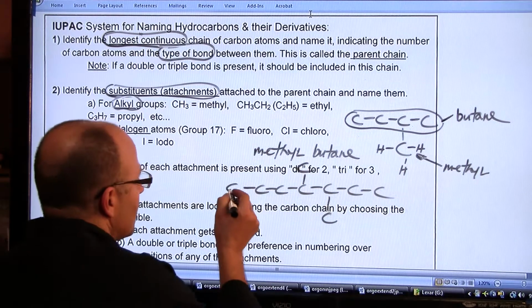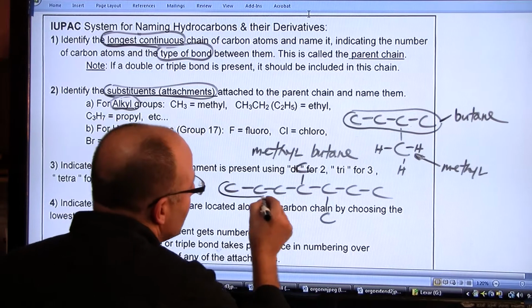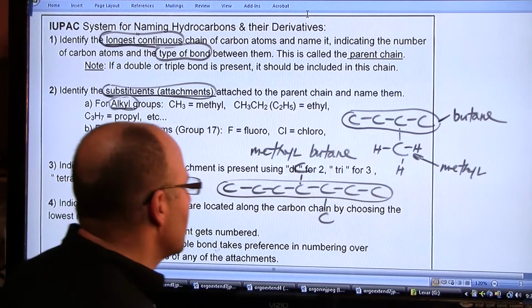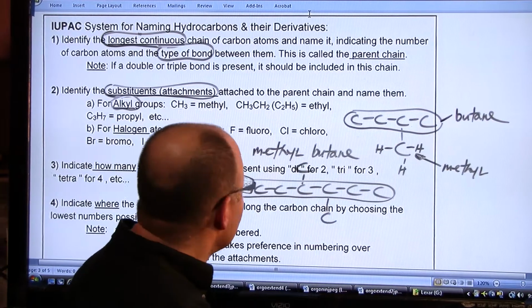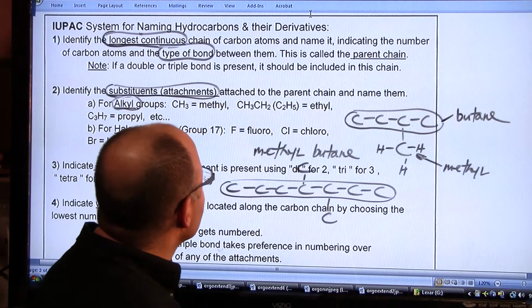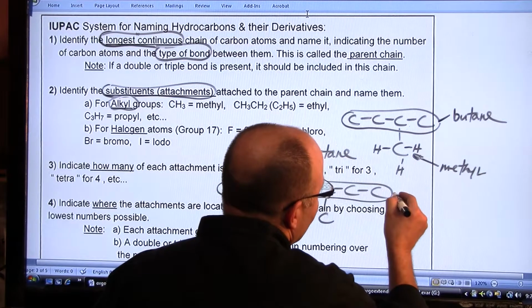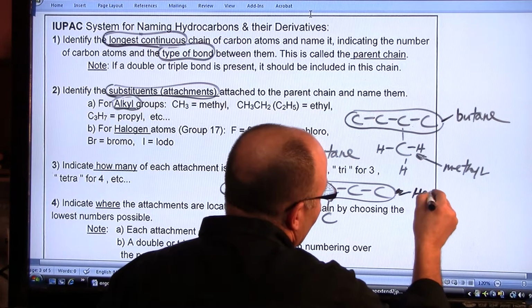So 7 is the longest chain no matter what. Let's loop that. We have single bonds here, so if you go to your prefix table, it's going to be hept. It's an alkane, so we're going to call this parent chain a heptane.